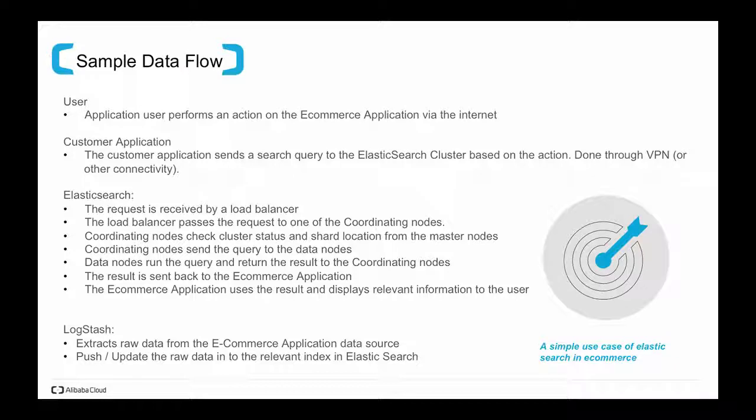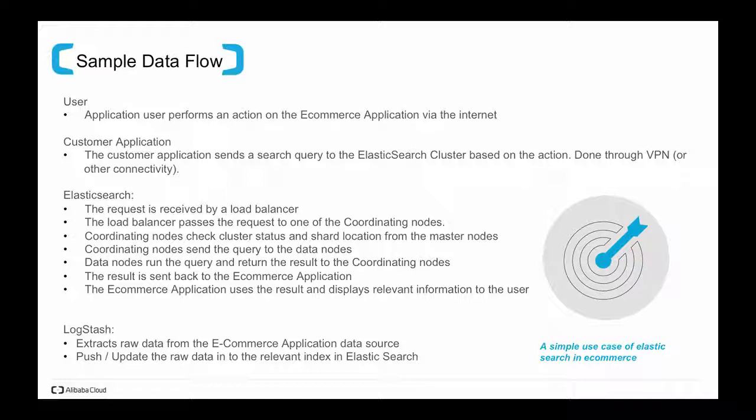The data nodes run the query, and remember, the data nodes are responsible for all data actions, and these are usually the IO intense and resource intense activities. So the data nodes run the query and return the result to the coordinating nodes or the master nodes, whichever one have been deployed.